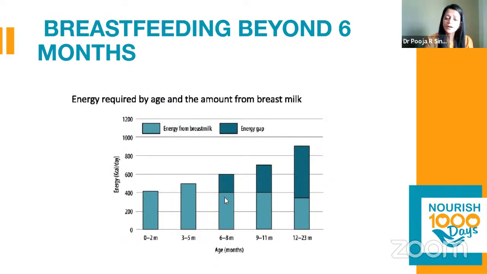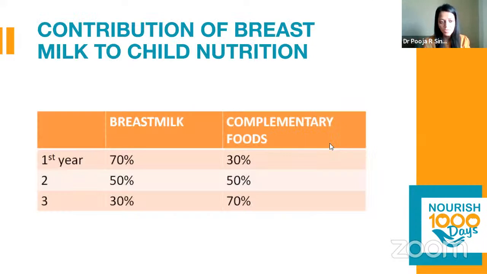after that, from 7 months onwards to age 2, breast milk still meets a lot of the calorie requirements, but then an energy gap is created which needs to be fulfilled with appropriate complementary foods. So what we are trying to highlight here is that in the first year, even after complementary food starts, 70% of the requirements are going to be met by breast milk.